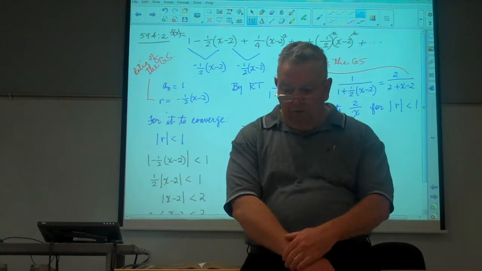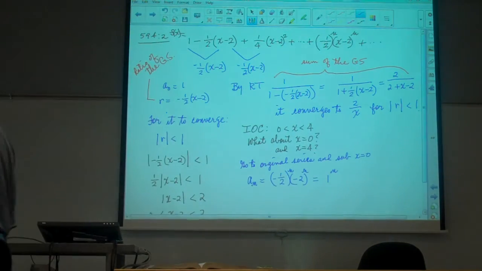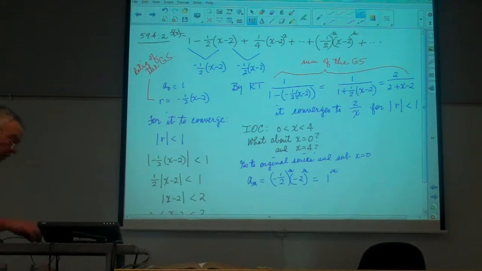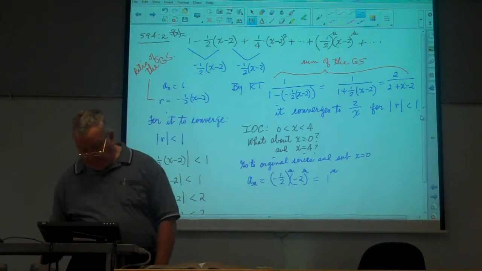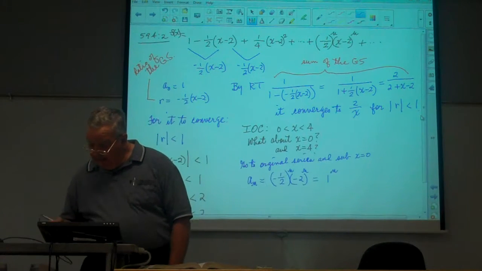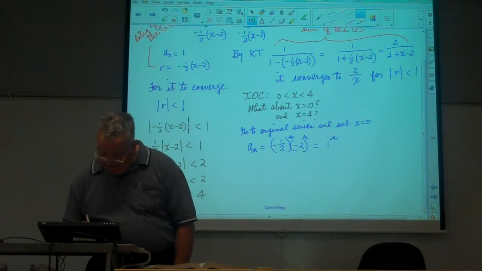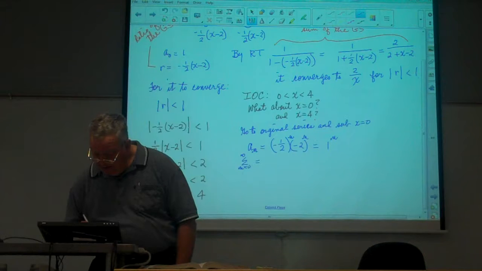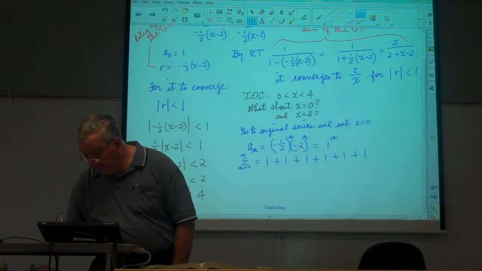What's the common ratio? What I'm telling you is, the sum from n equals 0 to infinity is equal to 1 plus 1 plus 1 plus 1 plus 1 plus 1.